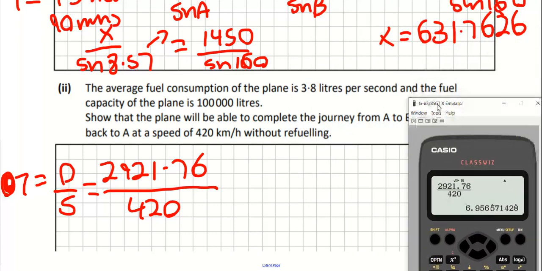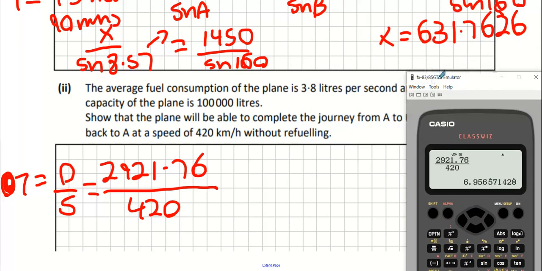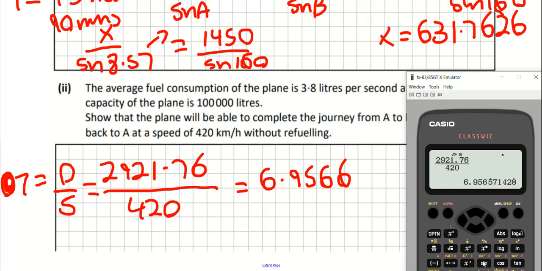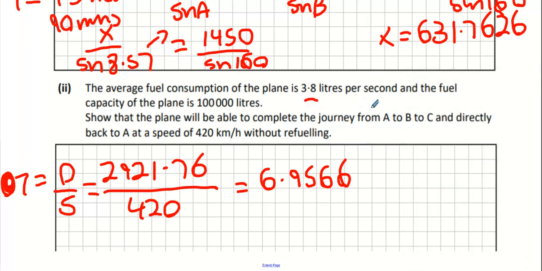Okay, so 6.9566. No need to put it in hours and minutes this time, like 6 hours, 57 minutes, 23 seconds. There's no need because it's in decimals already.